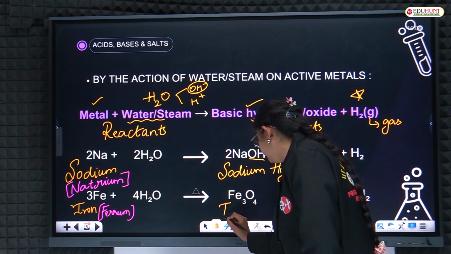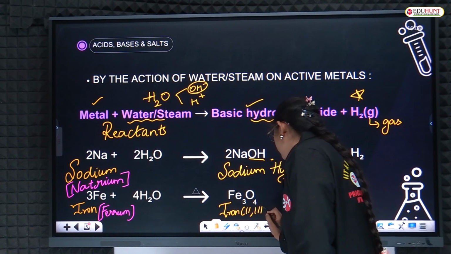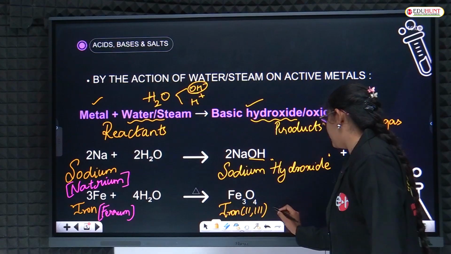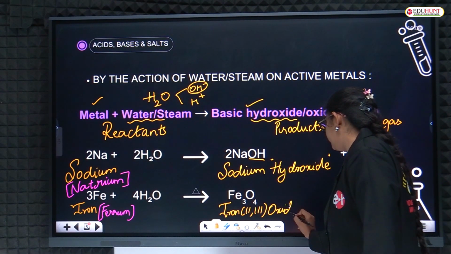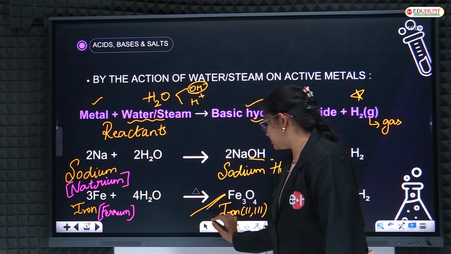Iron, and here it contains Fe plus 2 and Fe plus 3 ions. So I'm writing 2 and 3 over here in the bracket: iron(II,III) oxide. Because here Fe contains both.